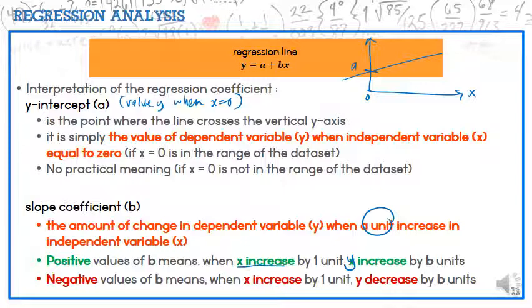A negative value of b means that when x increases by 1 unit, y will decrease by b units. Okay, so b here, its symbol, positive or negative, indicates the direction of the relationship. Right? And b represents the amount of change when x increases by a unit.